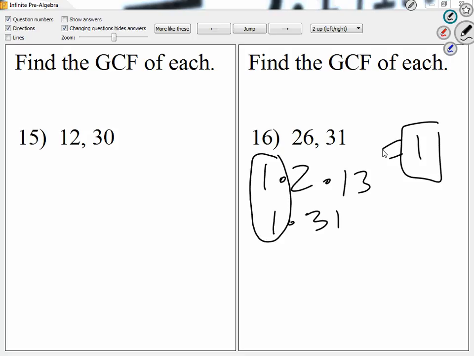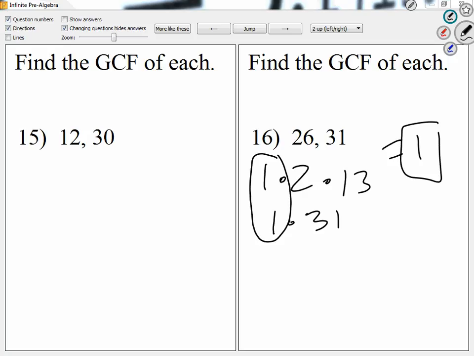Okay? So once again, if they don't share anything, 1 is always a factor. So that number 16 is a little tricky. Not that hard, but a little tricky.